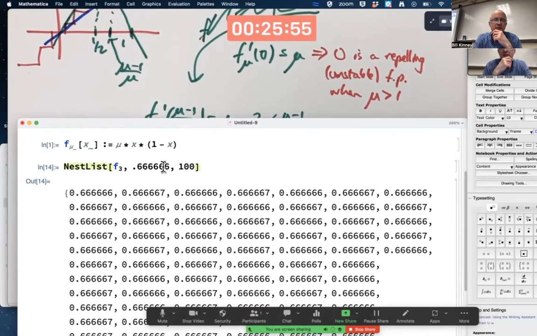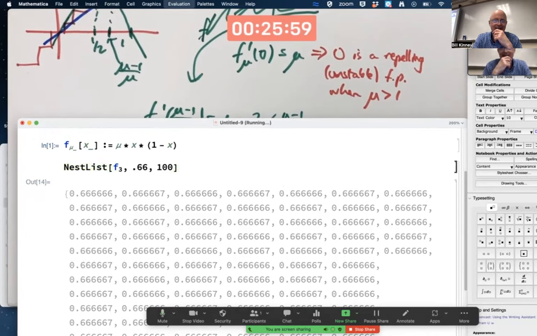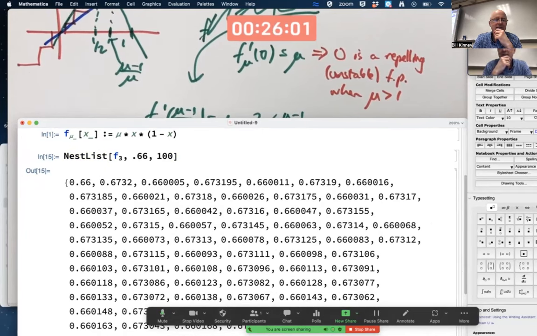Let's try fewer 6s, but maybe not that many 6s. So 0.66. Yeah, it looks like it's going away. Looks like at the boundary, when mu is exactly 3, 2/3 looks like, based on this numerical evidence at least, that it's repelling.